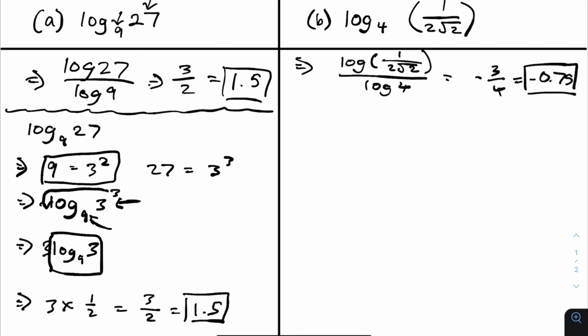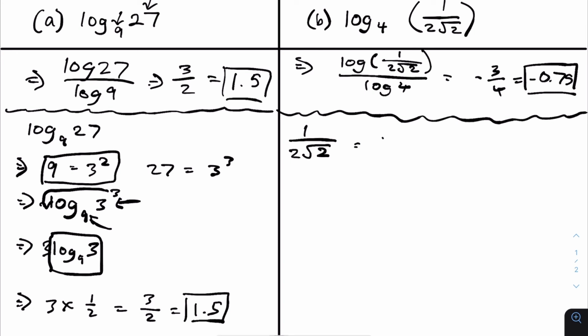Now let's do it the other way with no calculator. The first thing we have to realize is that 1 over 2 root 2 takes some manipulating. Let's isolate this and figure out how to write it as an easier number to understand. First of all, let's make it a single number by raising it to a power. It becomes 2 root 2 to the power of -1, because we flip the fraction around and get rid of the numerator 1.